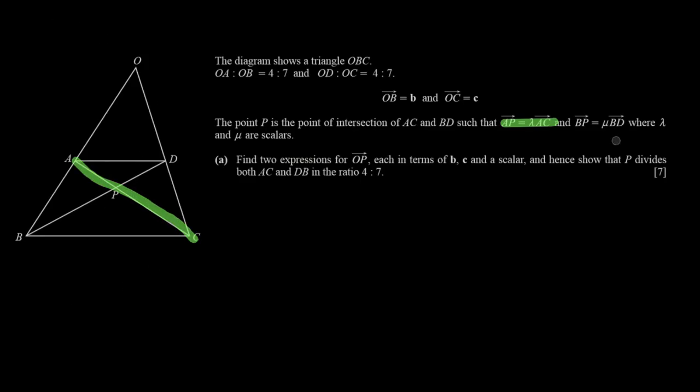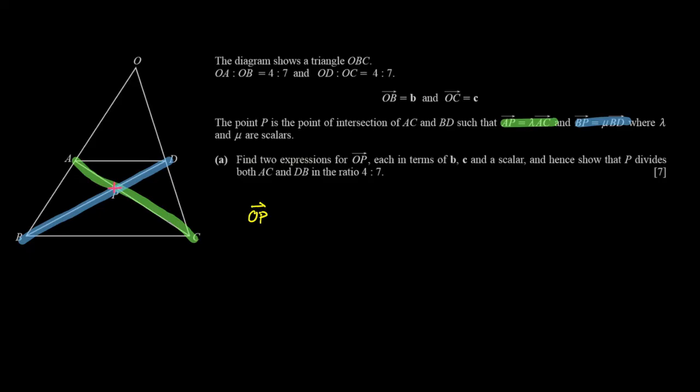And this one, BP is equal to mu BD, is referring to that line there. So the point P is going to be the intersection of those two lines. So what I want to do is define the vector OP in terms of both the green line and the blue line.